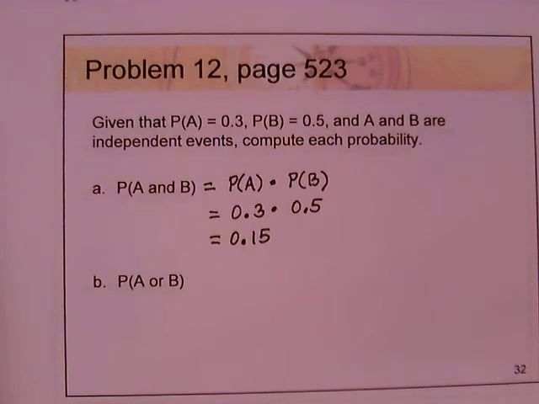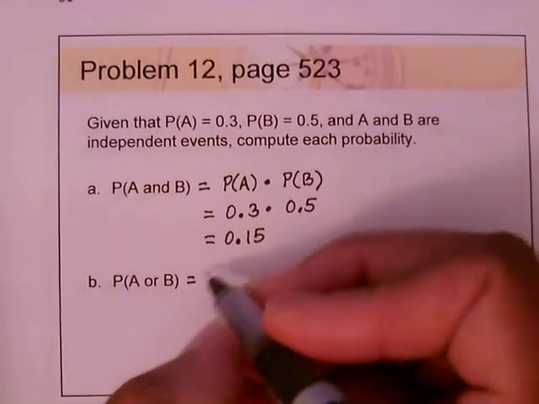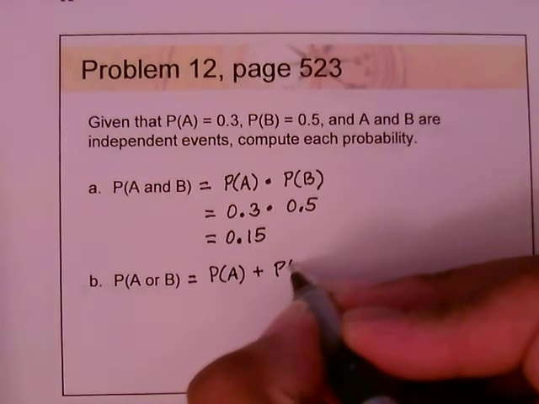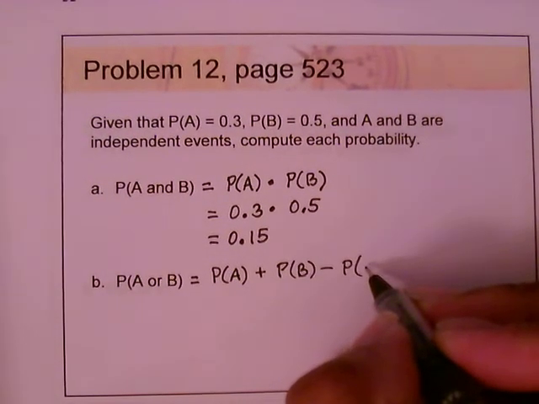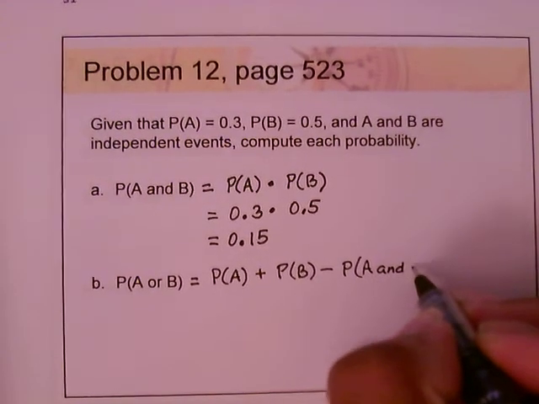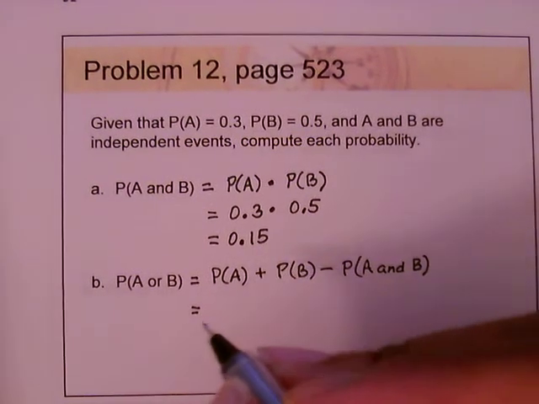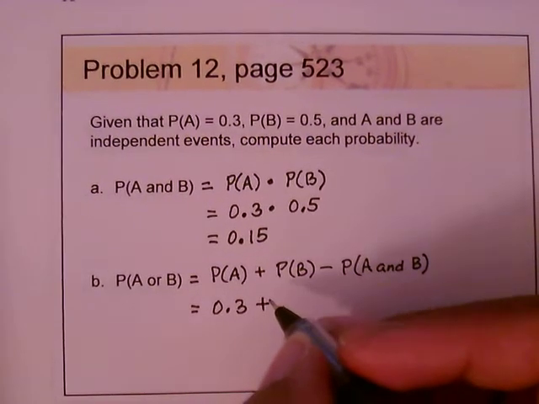Now part B, we want the probability of A or B. Now we're going to be using that formula for non-mutually exclusive events here. That's of course the probability of A plus the probability of B, and then we subtract from it the probability of event A and B. Well, the probability of event A was 0.3, that's given to us, plus the probability of event B, that's given to us as 0.5.